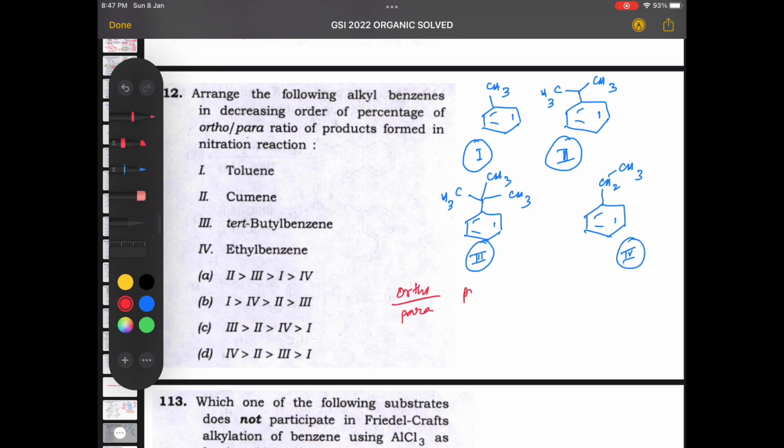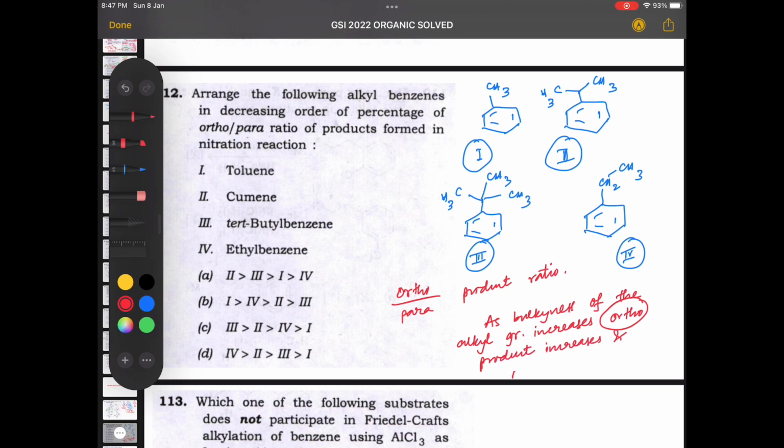Now the ortho/para ratio of the product is needed here. As you can see, the bulkiness of the alkyl group present on the ring is increasing in a progressive manner. So as the bulkiness increases, the percentage of ortho product would decrease.